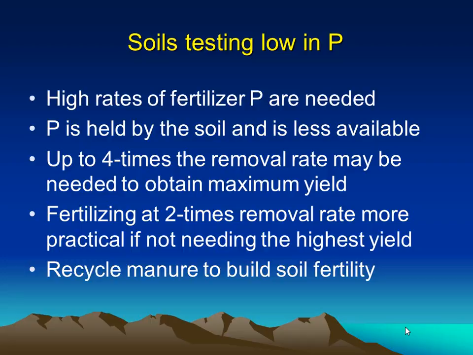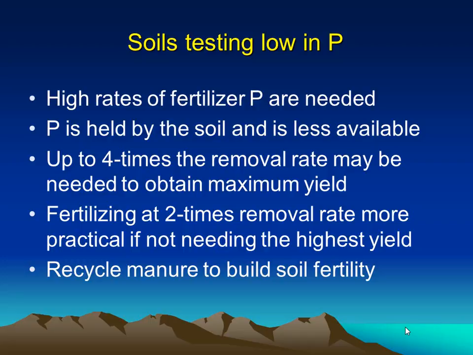Now within about 3 to 4 years, if you go with 2 times removal rate, you will have built up the soil test phosphorus adequately where you'll be getting maximum yield. And your soil test phosphorus will probably be in the high range.